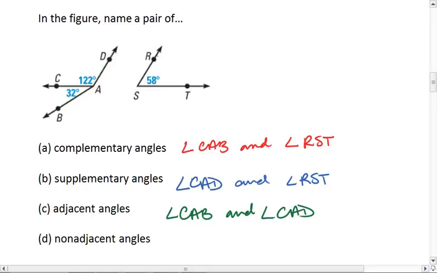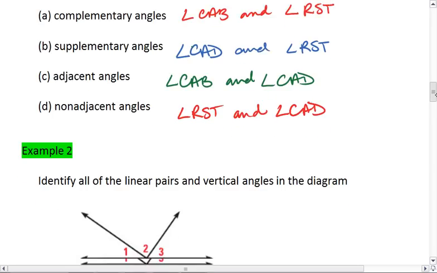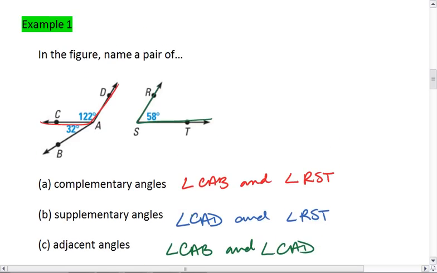A pair of non-adjacent angles would be angle RST and angle CAD. So that does it for example 1.